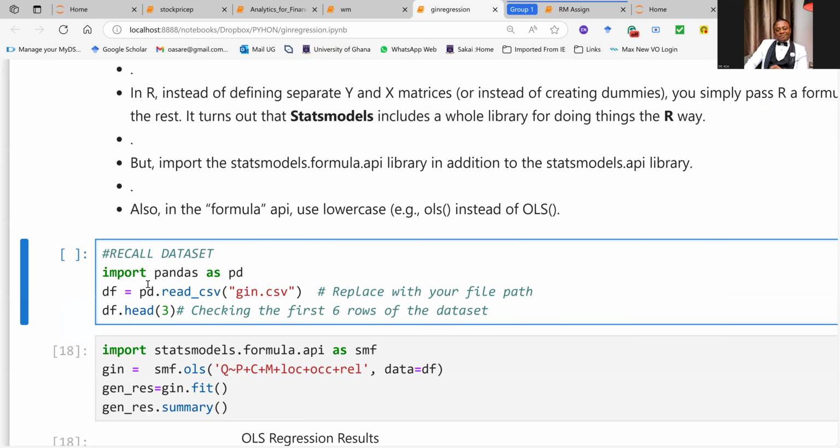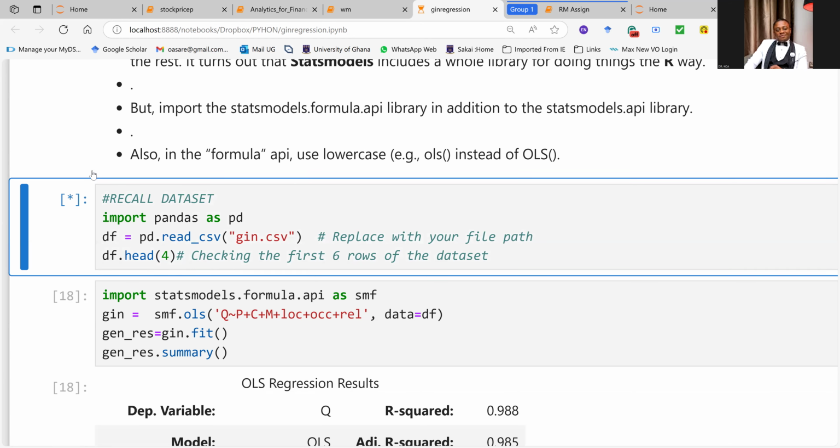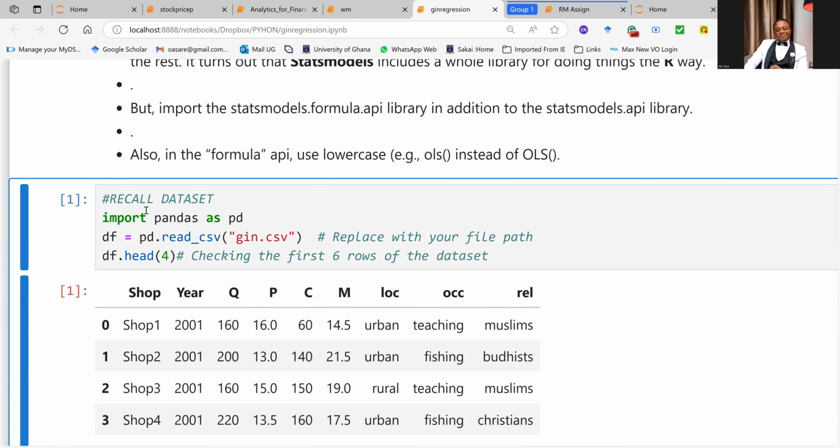So the data set, I will import pandas and then use the usual CSV file. The name of the data is gene. So I'll run this to show just the top part. Okay, let me show the first 4 observations of the data set. So it's going to show down here. Okay, so that's what you have.